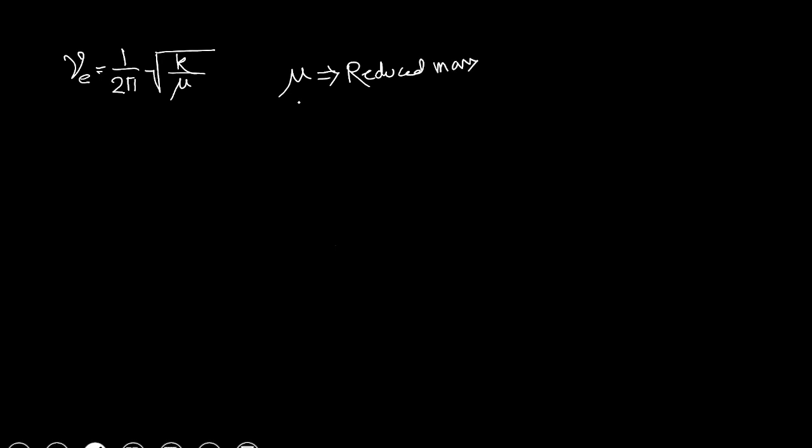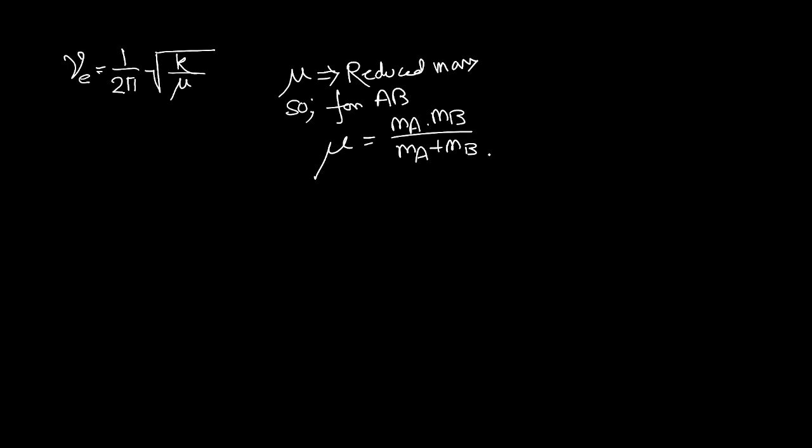For AB, the reduced mass will be Ma Mb by Ma plus Mb. So k is equal to 4 pi square mu nu e square.